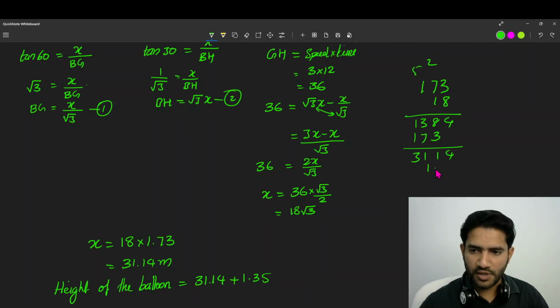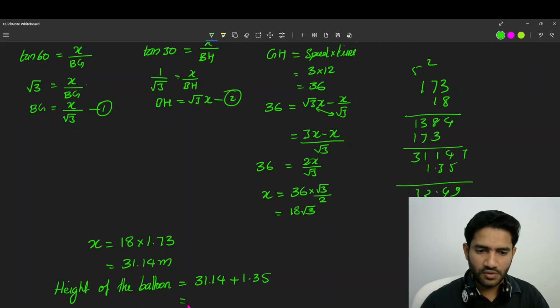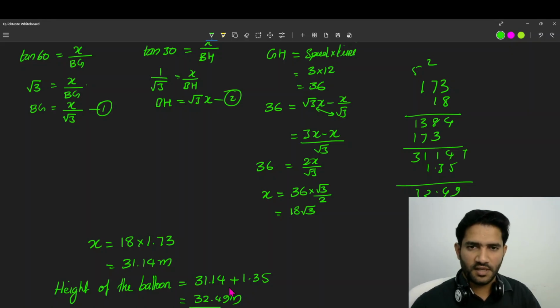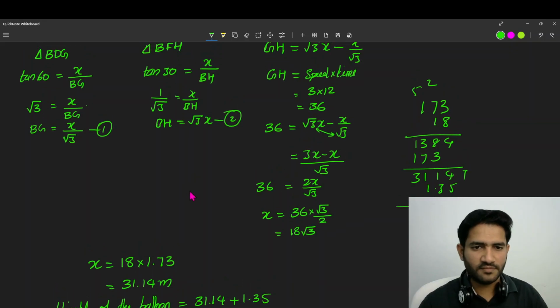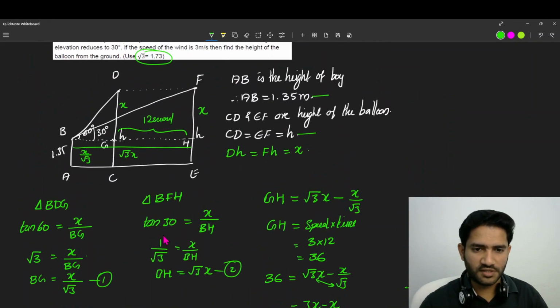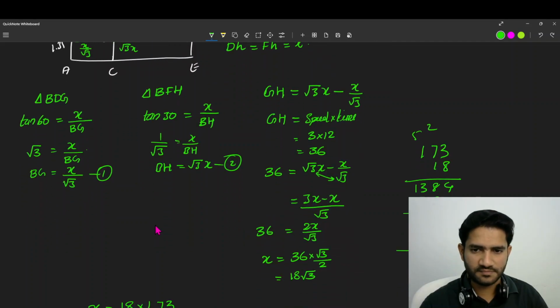Adding 1.35 gives 32.49. So the final answer is 32.49 meter. Okay, it's clear. So that was the construction and the solution.